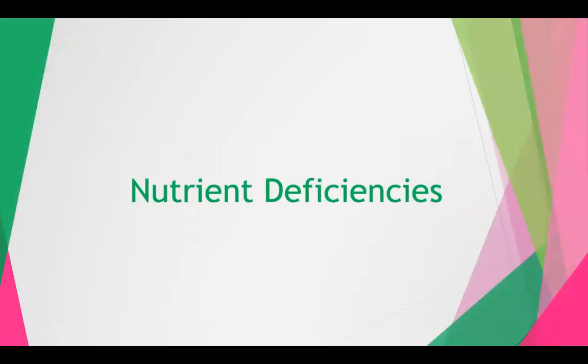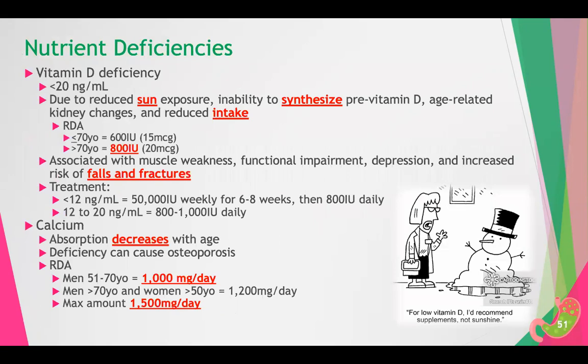So now we'll talk about those nutrient deficiencies. With vitamin D deficiency, it's classified as less than 20 nanograms per milliliter, and it normally occurs because of reduced sun exposure, the inability to synthesize pre-vitamin D, age-related kidney changes that cause a decrease in hydroxylation of vitamin D, and reduced dietary intake of vitamin D. There are some recommended daily allowances.